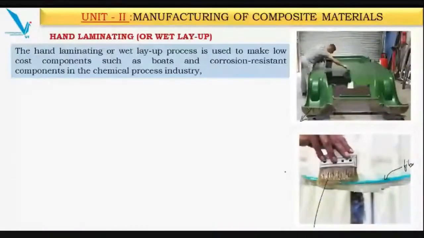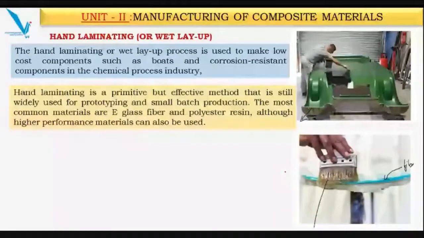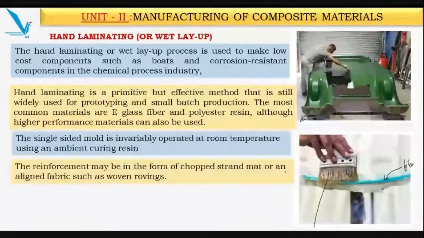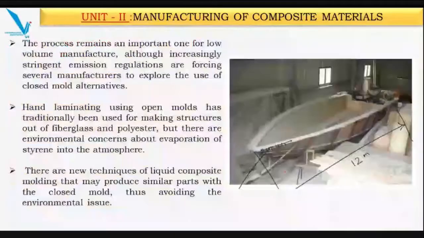So these are again the same things I explained. This is a boat, one particular product you can see manufactured this way. Here one part is functional and another part is non-functional. The outside part should be functional, with a smooth finish, because it should not create any problem.